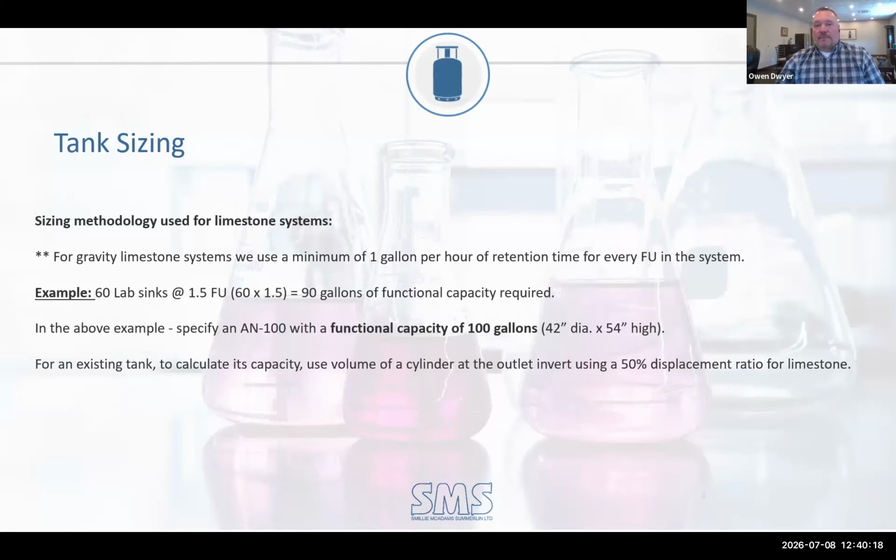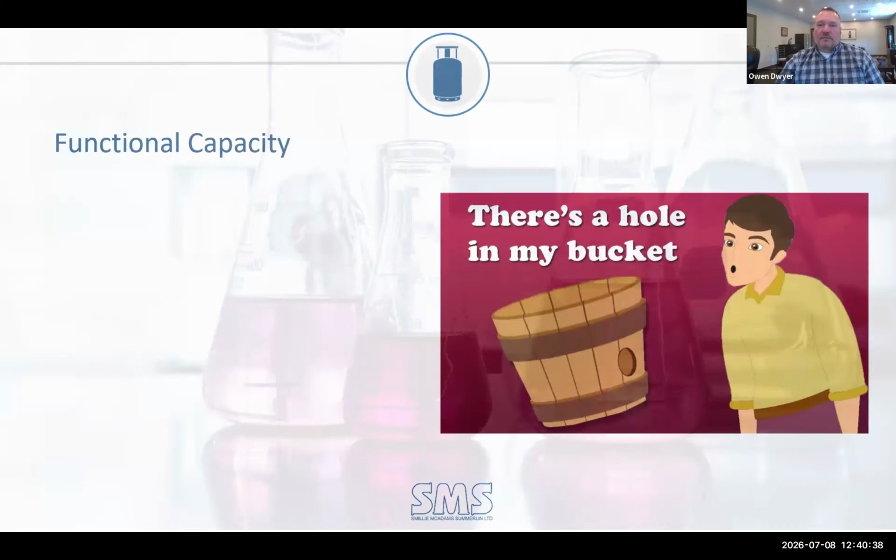So in theory, you need double the size that you're thinking your pi r squared h volume is. So pi r squared h volume, take half of that volume that's lost to the stone capacity, and then the remaining balance is your actual functional capacity. How much liquid is that tank going to hold?